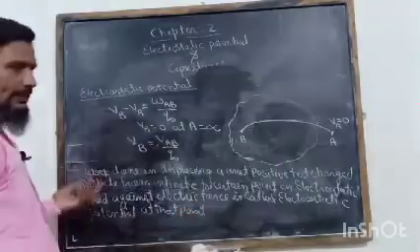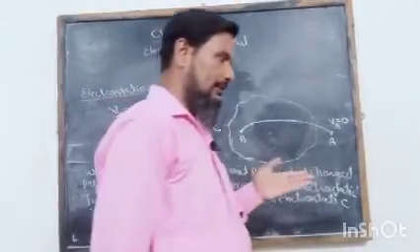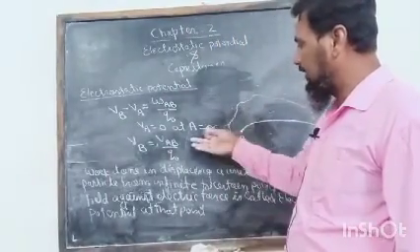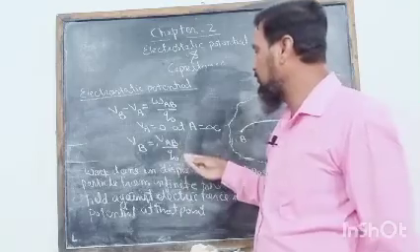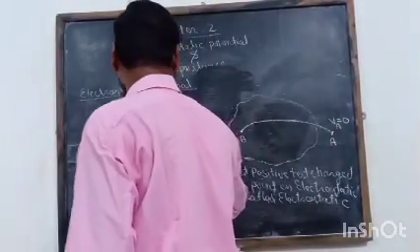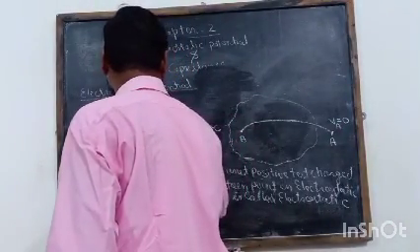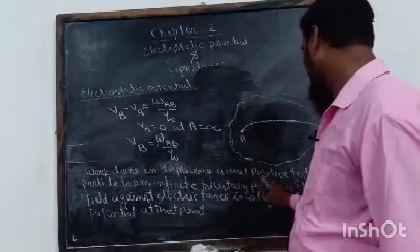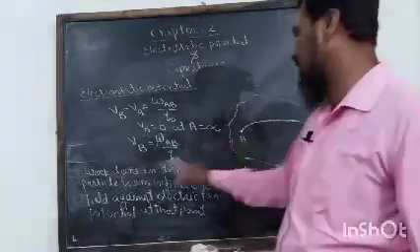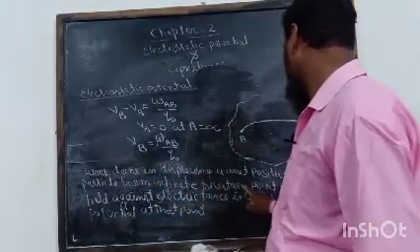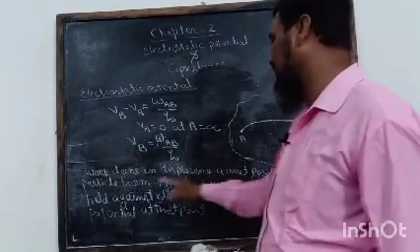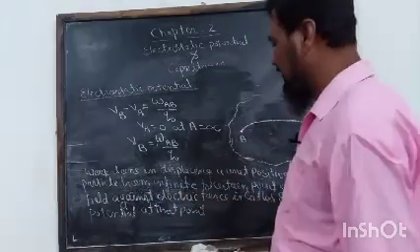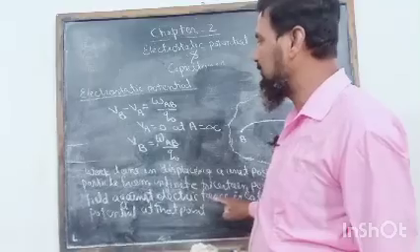It is also a scalar quantity. The SI unit is volt, and the formula is WAB upon Q0. So work done in displacing a unit positive test charge particle from infinite to a certain point in an electrostatic field against electric force is called electrostatic potential at that point.